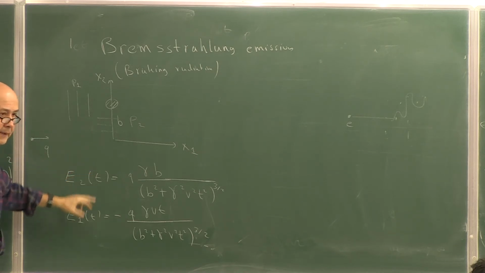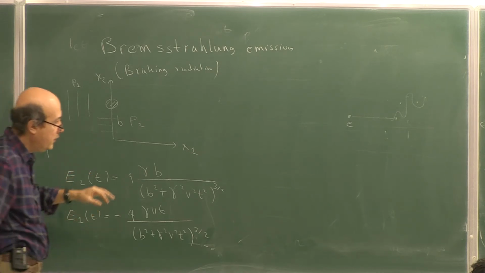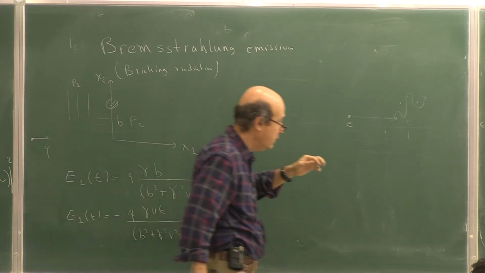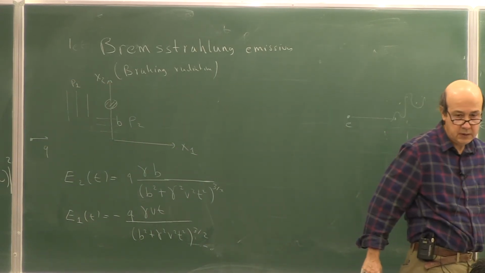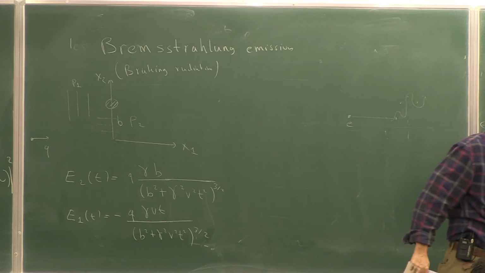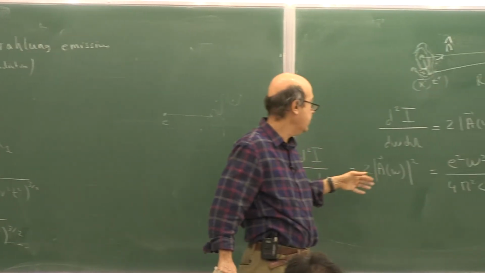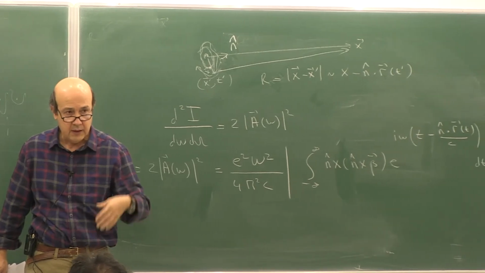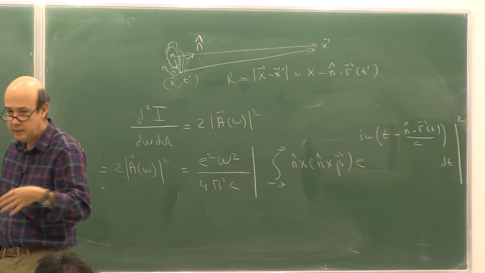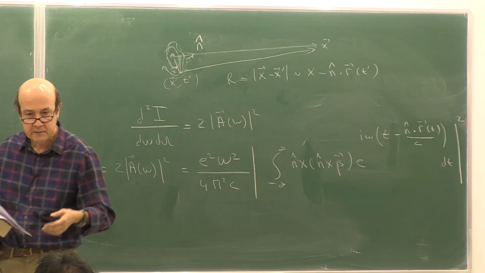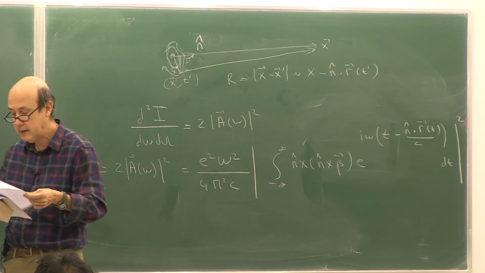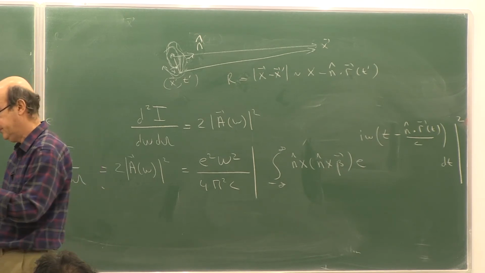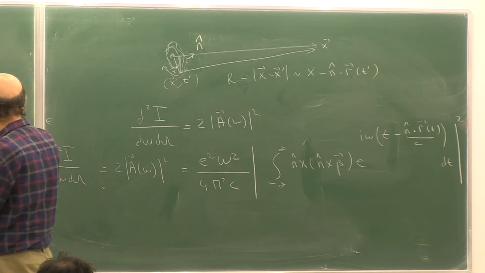So these are the time-dependent fields. What I have to calculate, I can calculate this one. Not needed this one, they are the same thing. What I have to do is take the Fourier transform of this and take the square. If you take the Fourier transform, you will have lots of mathematics, Bessel functions and so on, but the general picture is the following.